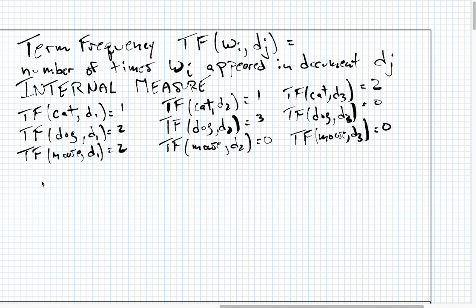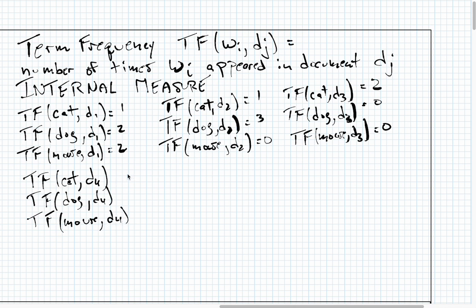And then finally, we can come down here and talk about the term frequency of cat in D4, the term frequency of dog in D4, and the term frequency of mouse in D4.